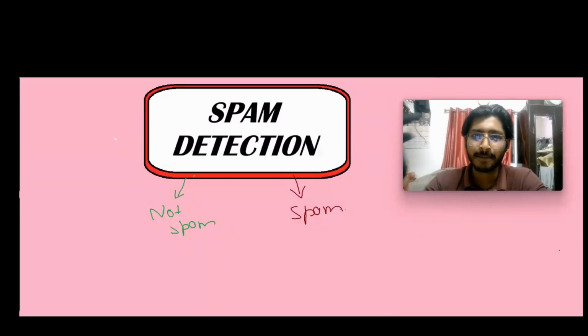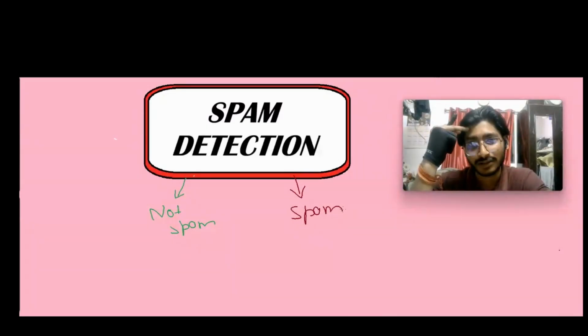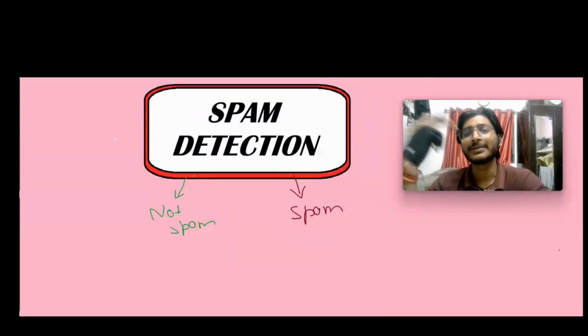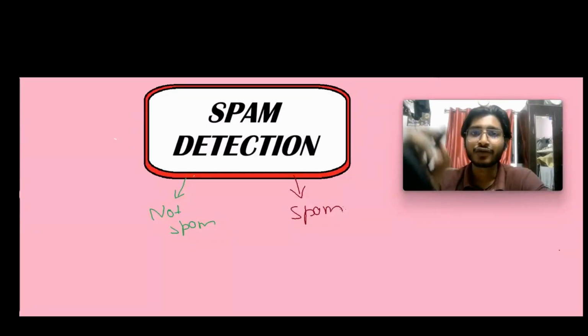Since this is a binary classification problem, there are only two predicted classes. But when we compare these predictions with actual values, four different outcomes are possible. To represent these outcomes, we use something called a confusion matrix.